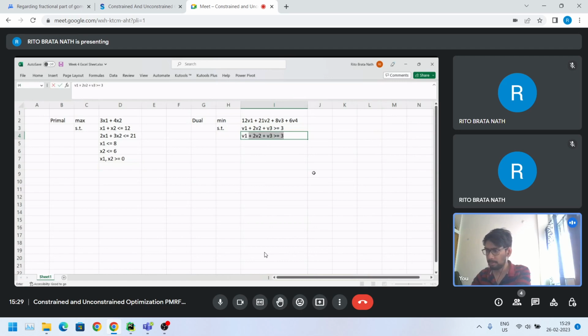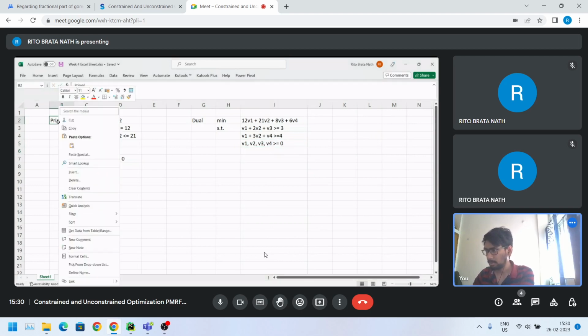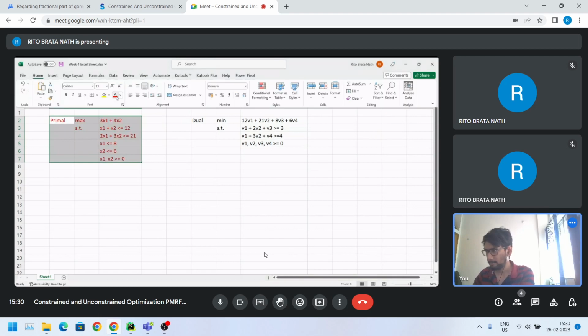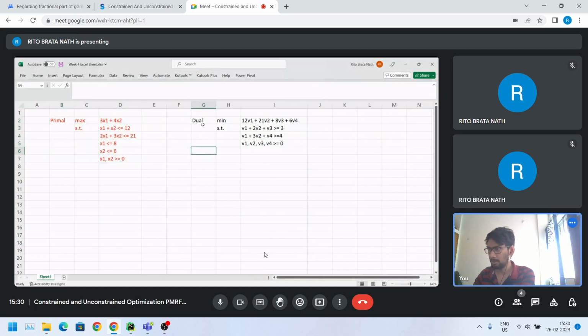Next one is v1 plus 3v2 plus v4 greater than or equal to 4. Then you have this standard one, v1 to v4 all are greater than or equal to 0. So this is your problem. These are your data actually. This is your primal problem, and this is your dual problem.